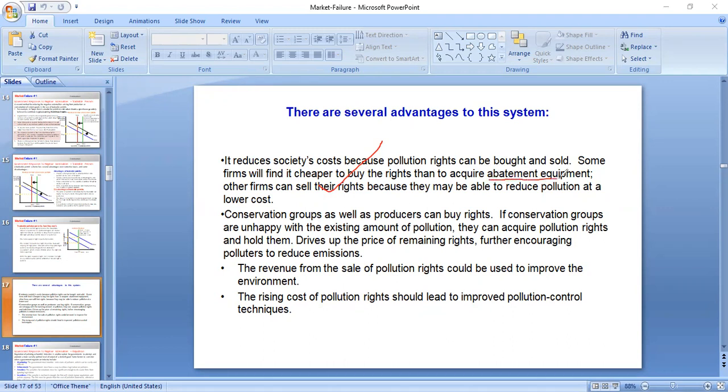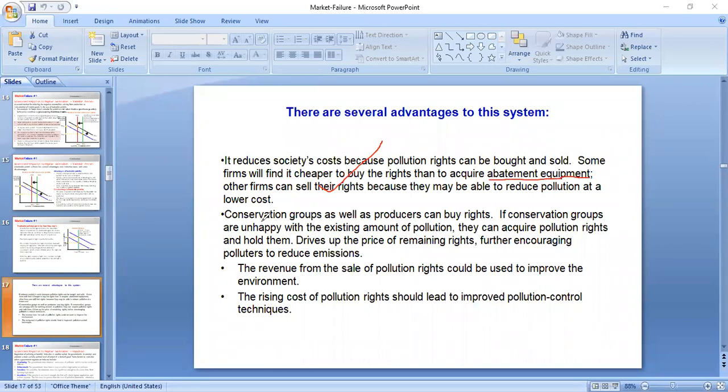Pollution abatement equipment simply means the kind of equipment that manufacturing farms use such that greenhouse gas emissions like carbon dioxide are filtered by this equipment, so that by the time they are emitted into the atmosphere, they are not harmful to the environment, right?